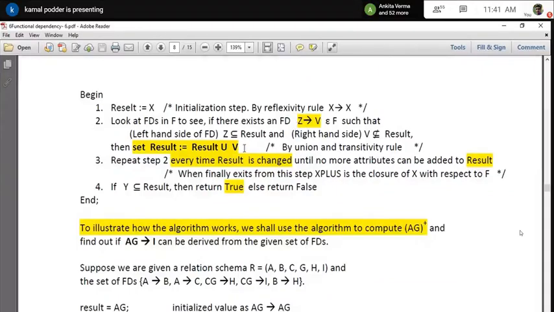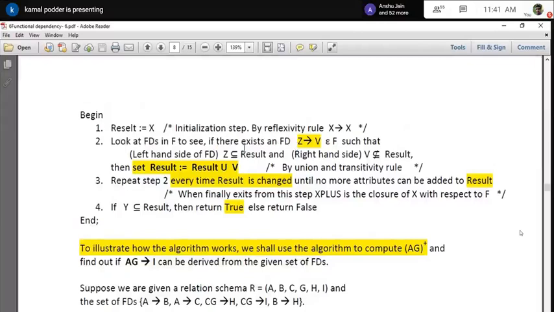And if the left hand side is a subset of the result, that means if that particular left hand side attribute, or combination of attributes, is a subset of the result, and another clause is that the right hand side, that means V, is not in the result, then you include that, union that V into the result.